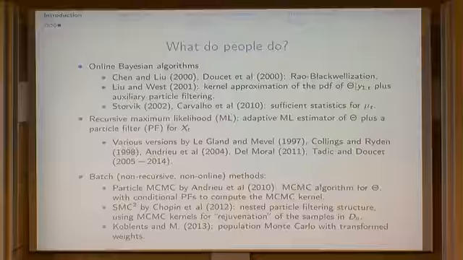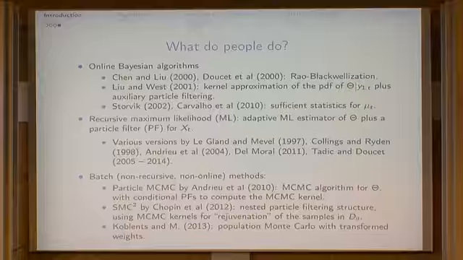And this is coupled with a particle filter for the states. So you use a particle filter to approximate the posterior for the dynamic variables given the parameter. You use this information in the maximum likelihood estimator to keep adapting your estimate of the parameter. But what you get is a point estimate in this case. So you don't obtain a distribution in general for the parameters.